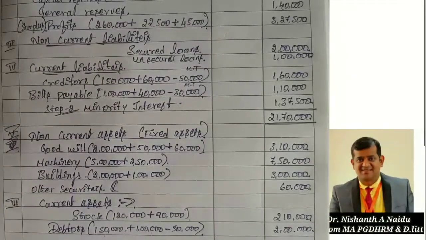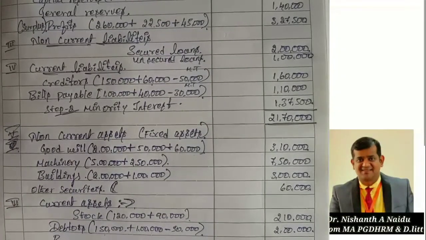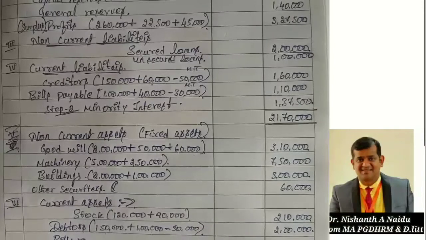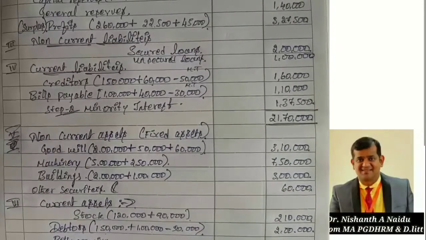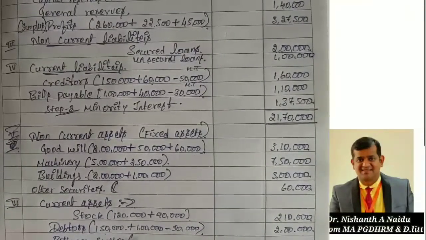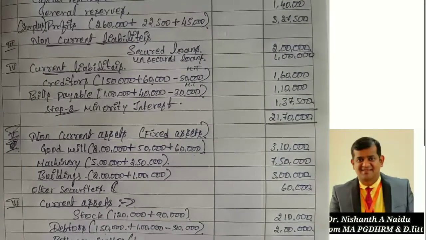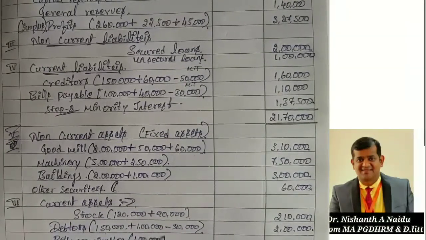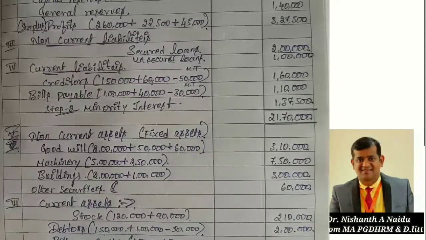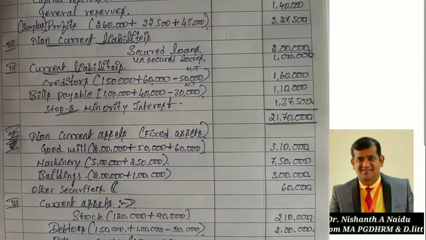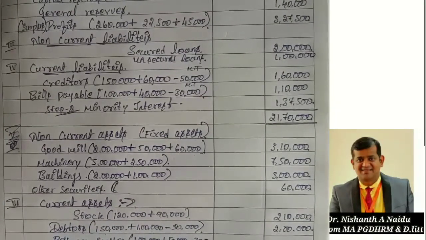Then we have bills receivables. How much are the bills receivables? He has given 1 lakh plus 50,000 for Q Company Limited, minus mutual transfer of 30,000.